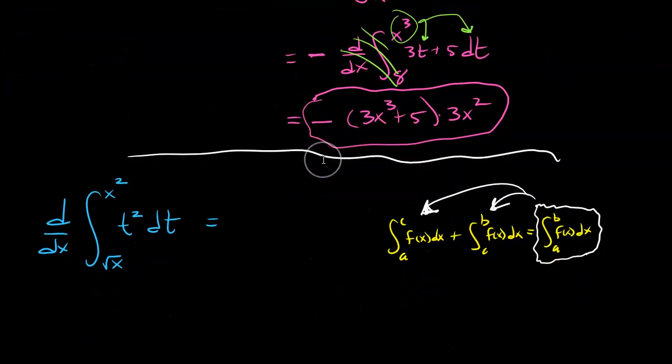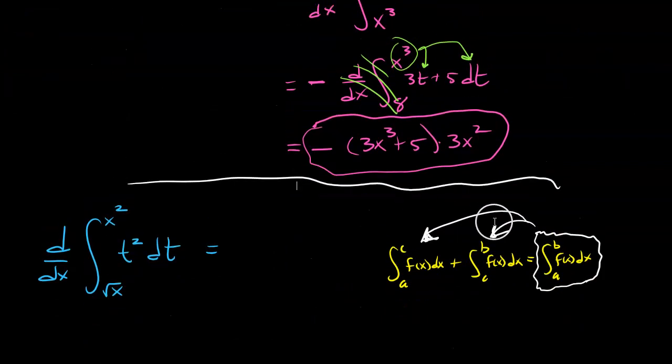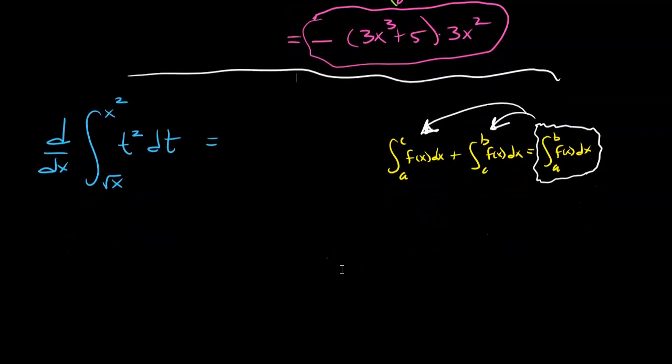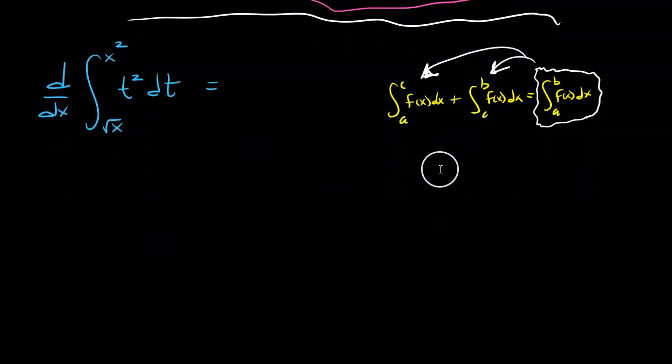Okay, we're going to move on to the same question but harder. The one written in blue. So I am asking to find the derivative of an integral, but both spots are variables this time. So off on the right, I put a property that we can use to kind of make it workable.